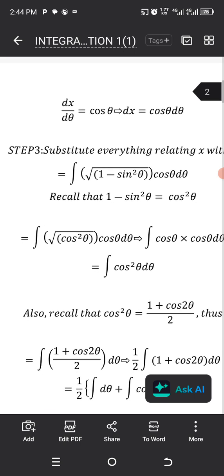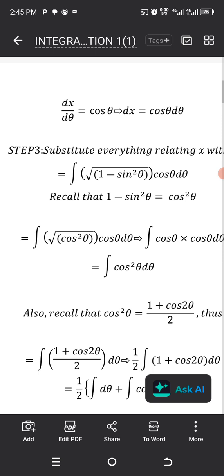That is step 3. You go back to the initial question given, which is the integral of the square root of 1 minus x squared. The next line beneath step 3 changes from the initial question to the integral of the square root of 1 minus sine squared theta, multiplied by cos theta d theta.